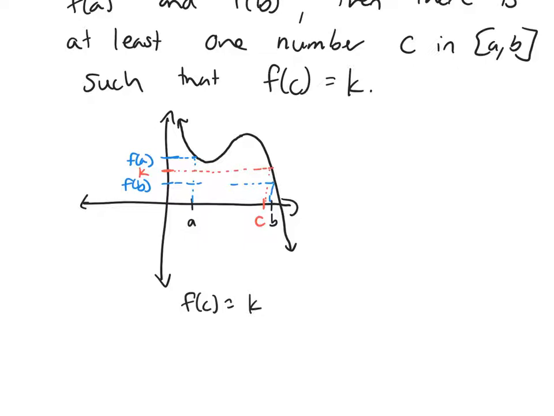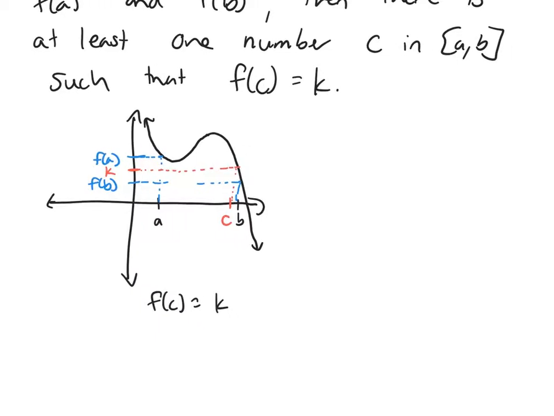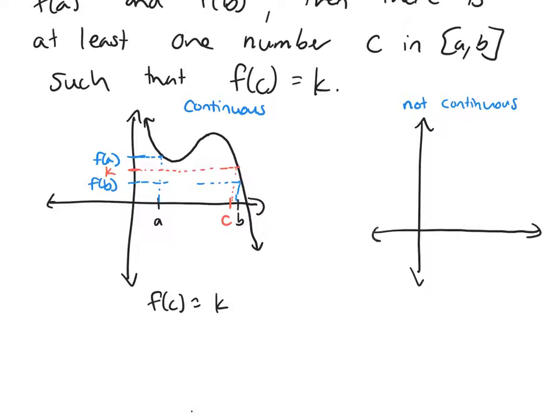I do want to explain why continuous is such an important fact here. It's not true if your function is not continuous. So here I have a continuous function, so I'll label this continuous. Let's look at one that's not continuous to see why this doesn't work. So let me pick a function here that's not continuous.